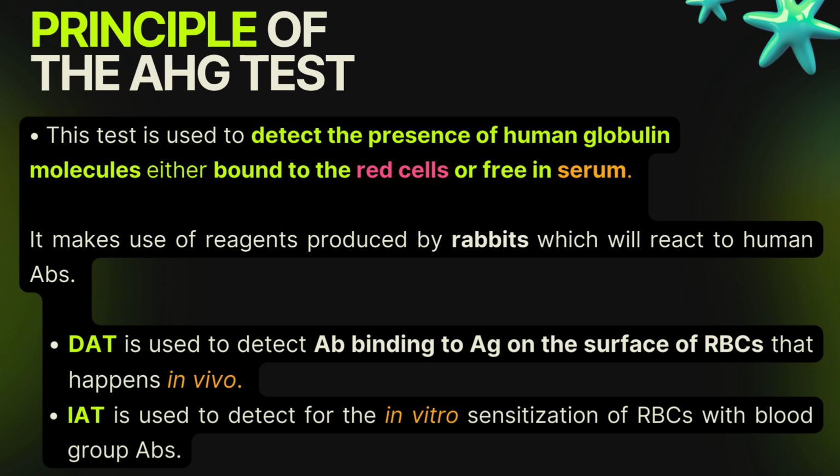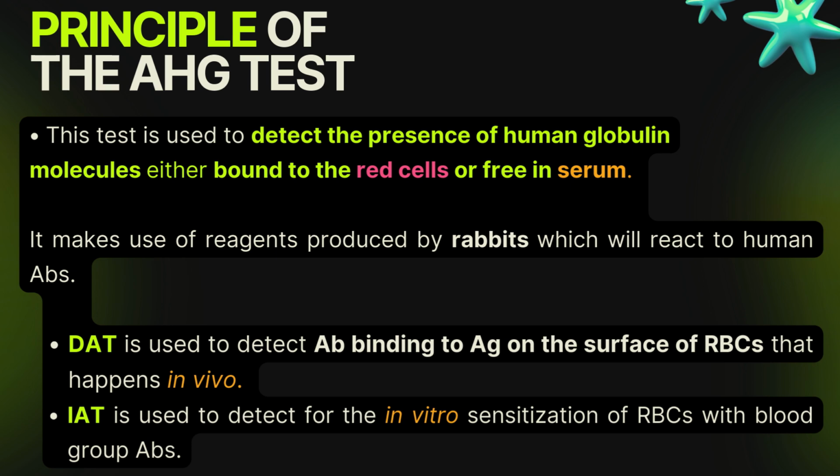So the two main types of AHG tests, we have the DAT, which identifies antibody binding on red cell surfaces that occurs in the body. Meanwhile, the indirect antiglobulin test or IAT detects antibodies in a test tube setting, allowing us to see how RBCs react to blood group antibodies.